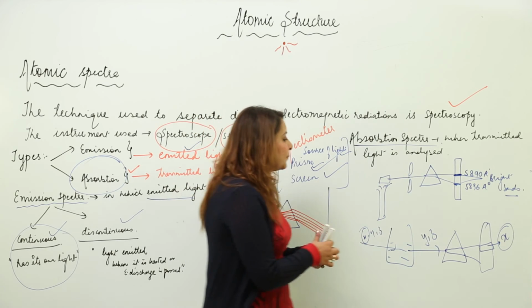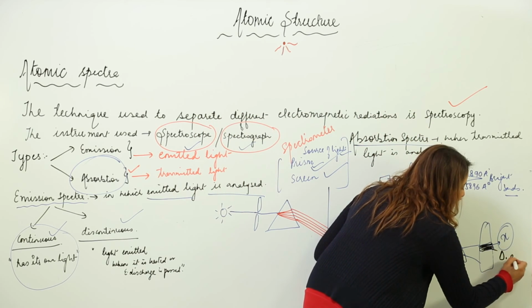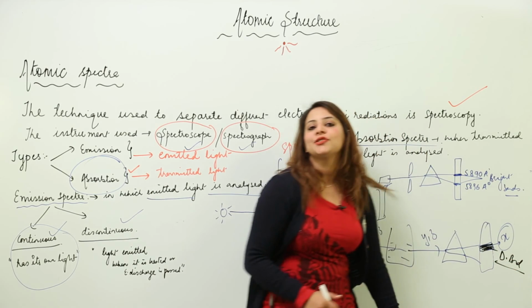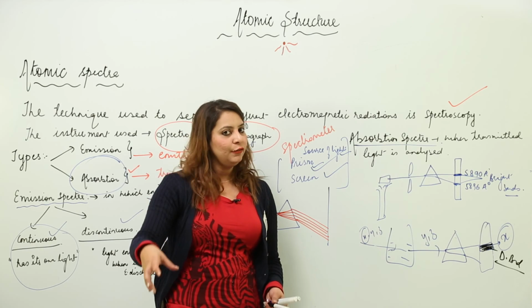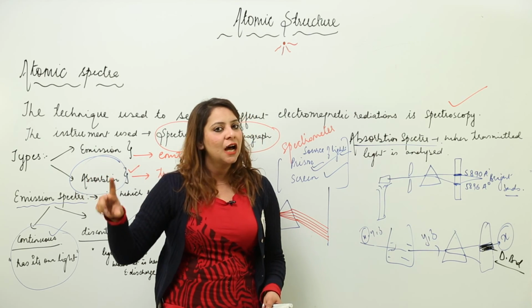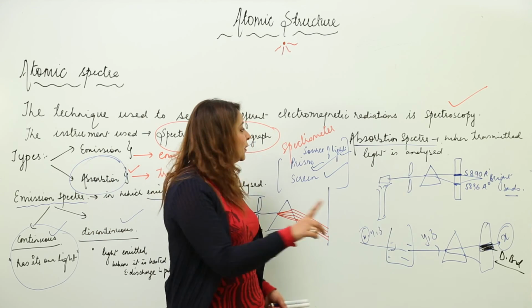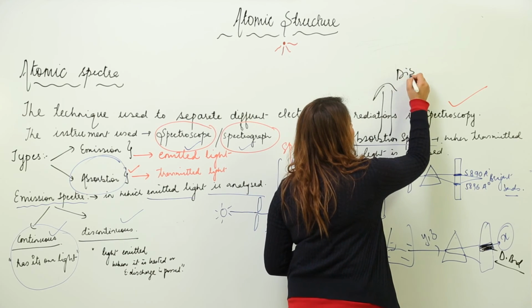In this case we obtain dark bands in a bright region. Wherever radiation of a definite wavelength is absorbed, a dark band occurs. Absorption spectra are totally discontinuous in all conditions.